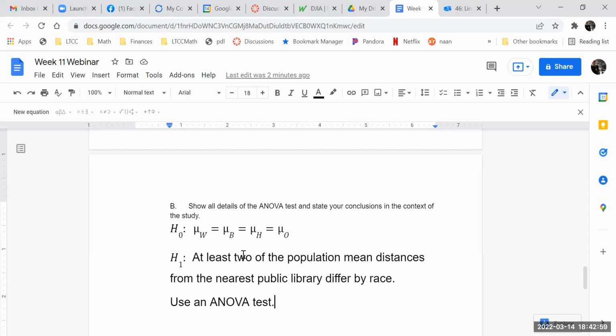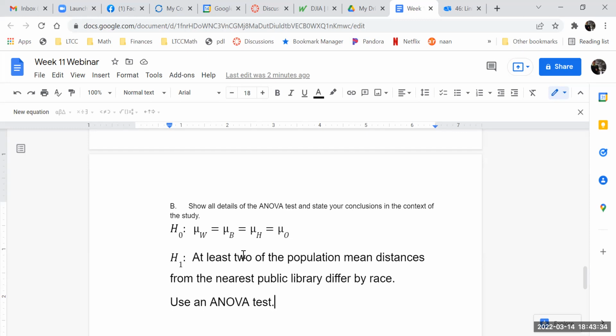Okay, something like this. What do you think a good level of significance would be? 0.1 might be okay, but it's not probably what would be used. Any other thoughts? 0.01, one more guess. Yeah, 0.05. This is sociology, right? You look at races and how far people live.